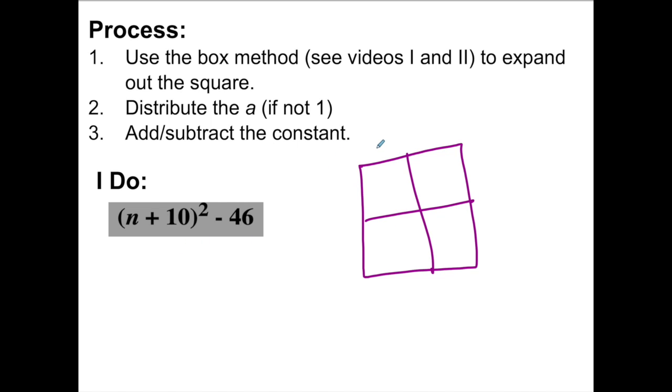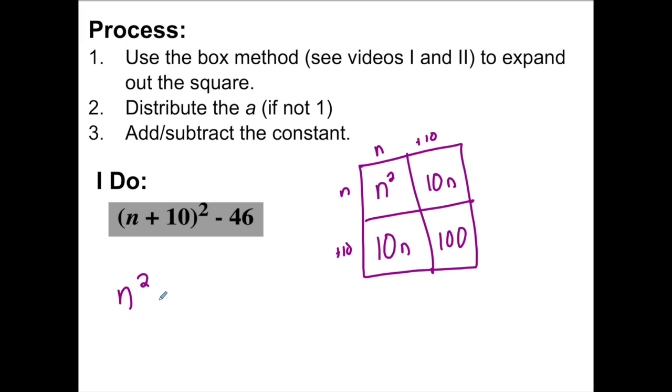Remember what's going to go up top. So we have an n plus 10 and an n plus 10. So let's do the areas. N times n, n squared, 10 times n, 10n, 10 times n, 10n, 10 times 10, 100.